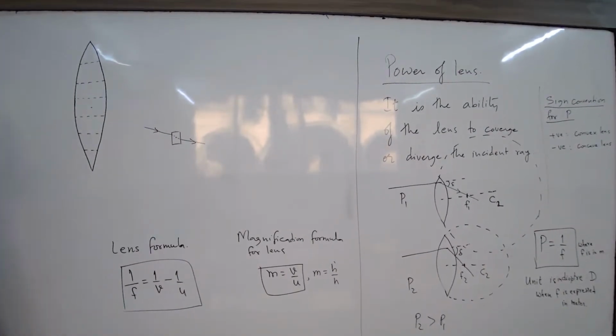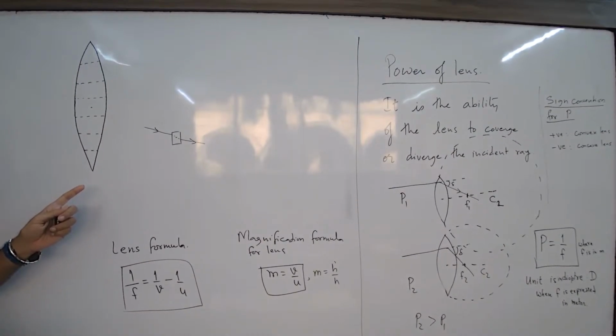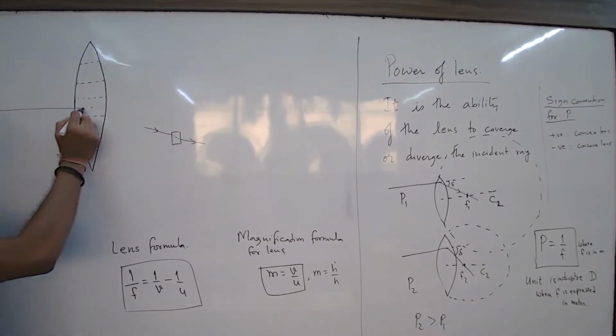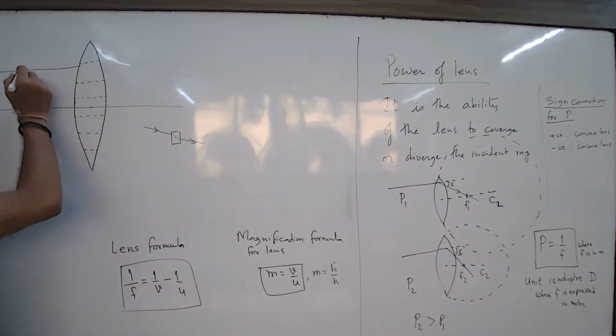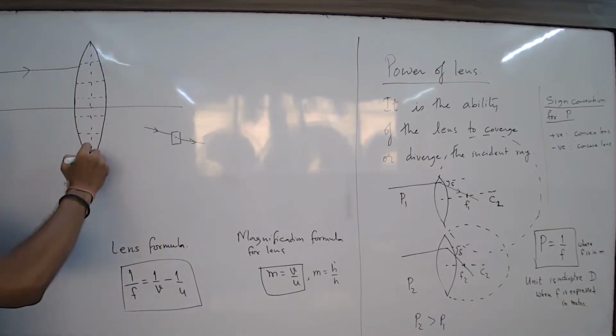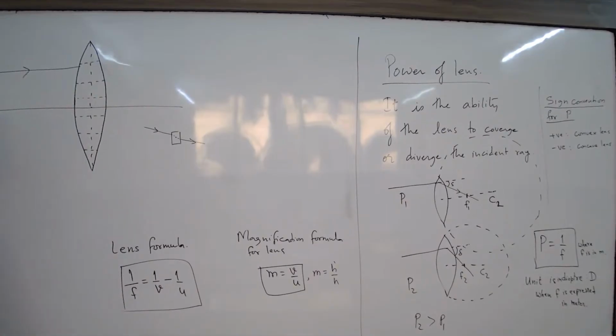The upper and lower portions, had I described how it is taking place? Let's say this is the ray. I told you that this ray is reaching the middle of the lens, and then we show it is converging.